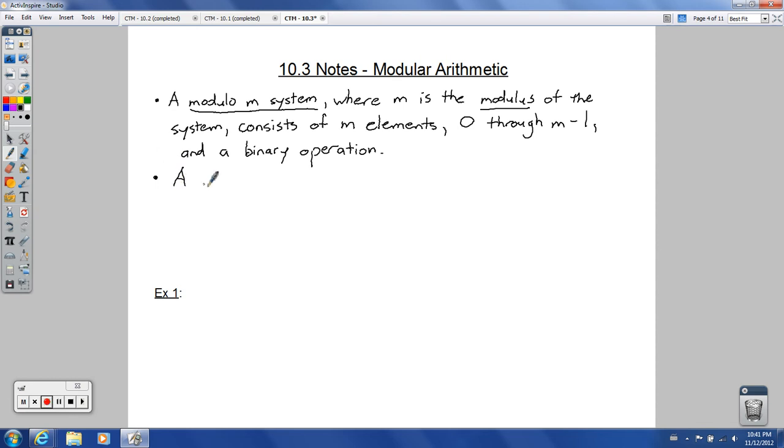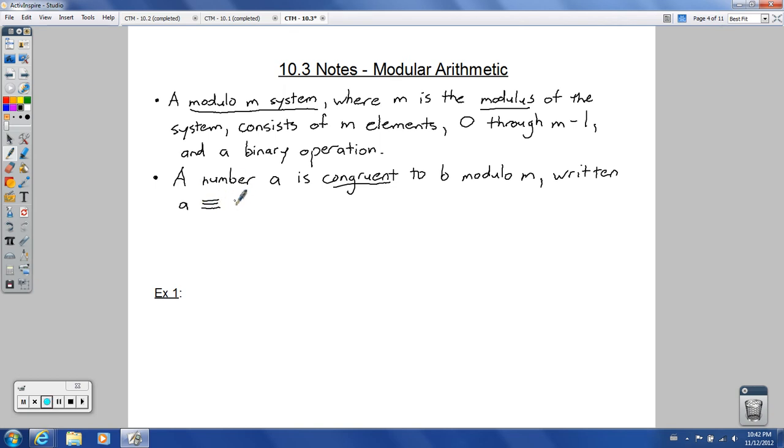And a number A, so the number A is congruent. So some number, any old number, is congruent to B modulo M, and if you write that out, it's written A, and then this symbol means for modular arithmetic, this means is congruent to.